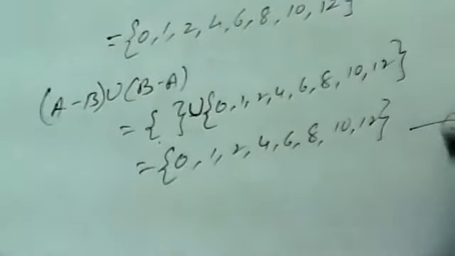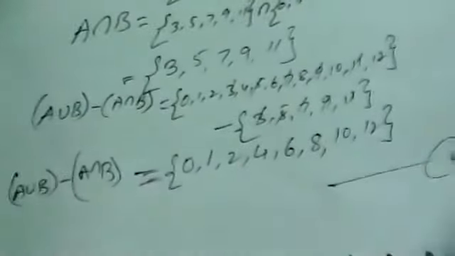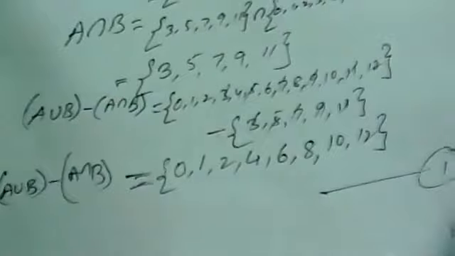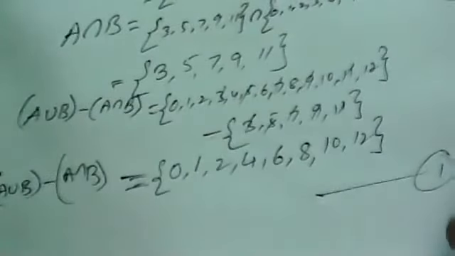This is number 2. Now observe with your 1. If you look at 1, A union B minus A intersection B is 0, 1, 2, 4, 6, 8, 10, 12.